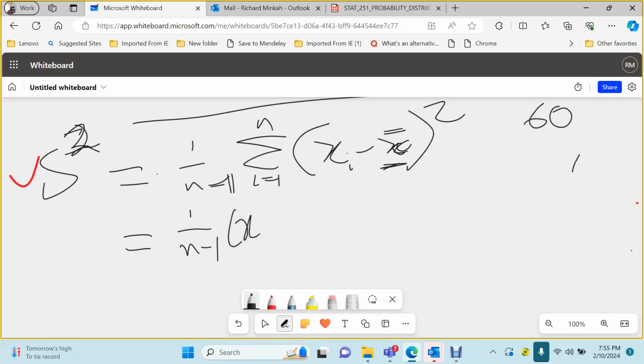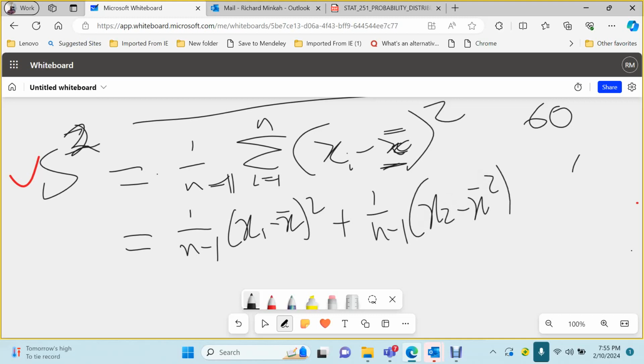So this will be (x1 minus x bar) squared, plus 1 over n minus 1, (x2 minus x bar) squared. So I'll do this until I get to the last one. Is everybody okay? Yes, sir. Good. Okay. Now, which means this is the probability, right?